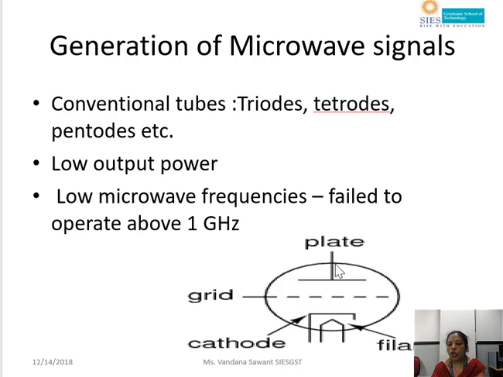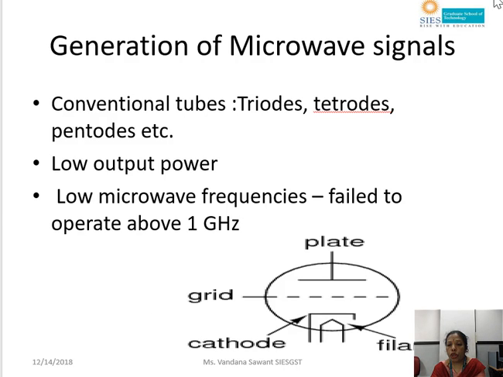The filament and cathode are used to generate the electron beam. The grid has a positive AC signal, so it accelerates these electrons, and the accelerated electrons are collected by the plate. This is the basic structure and working of conventional tubes.